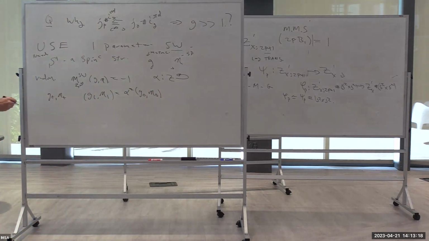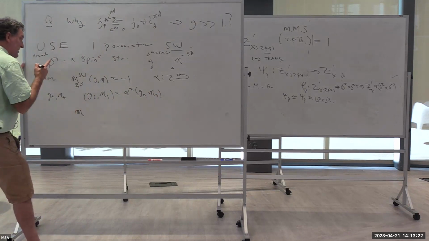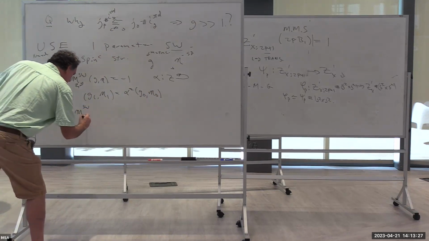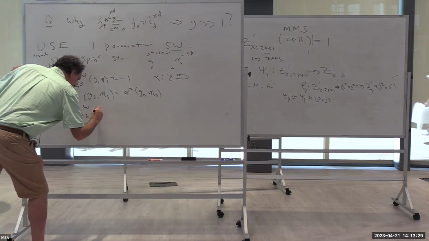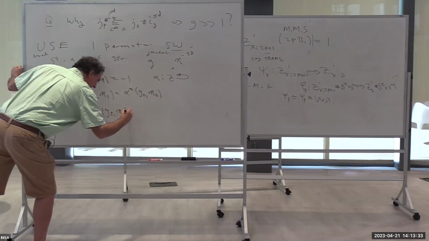Then given that, you can take not just the moduli space for one particular metric and perturbation, but you can take the union over all g_t eta_t.